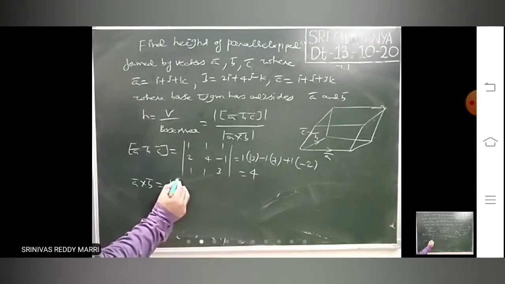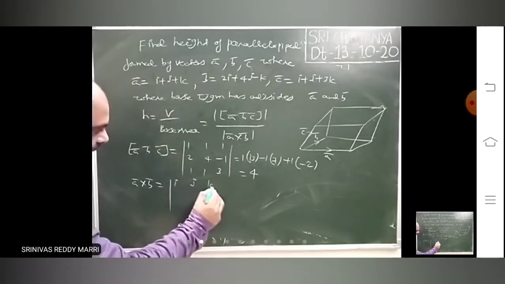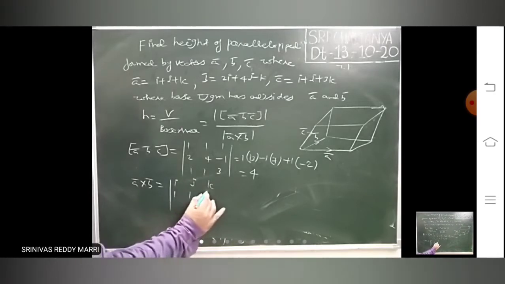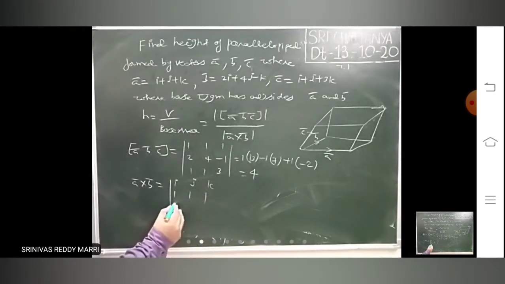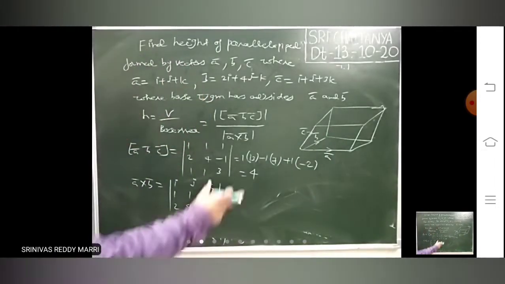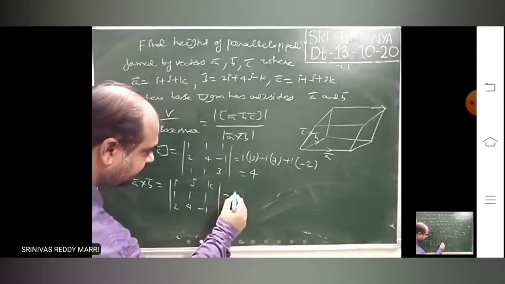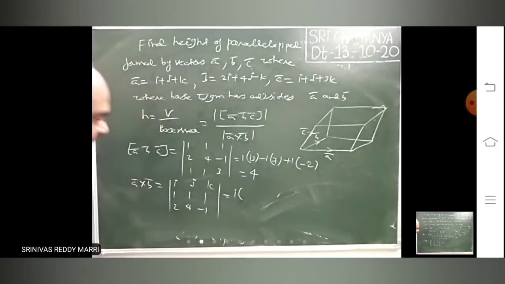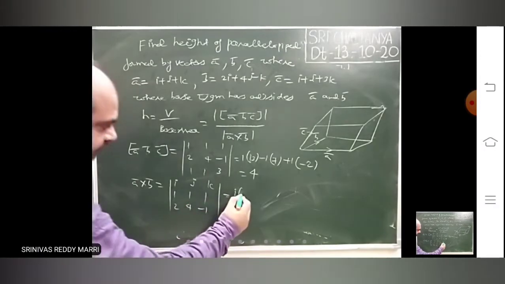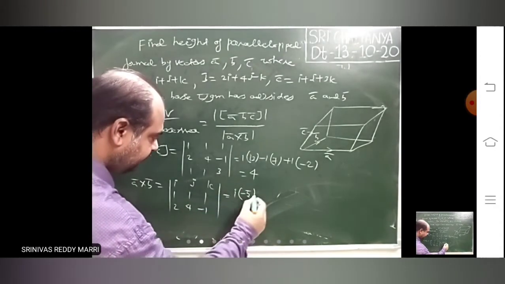I want to calculate A bar cross B bar first. A bar cross B bar means I, J, K, 1, 1, 1, 2, 4, minus 1. If B bar C bar is given as base, below you have to write B bar cross C bar. Like that he will mention in the problem. So I into minus 1 minus 4, minus 5.